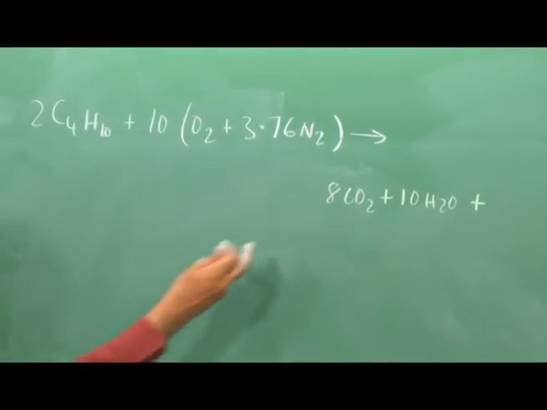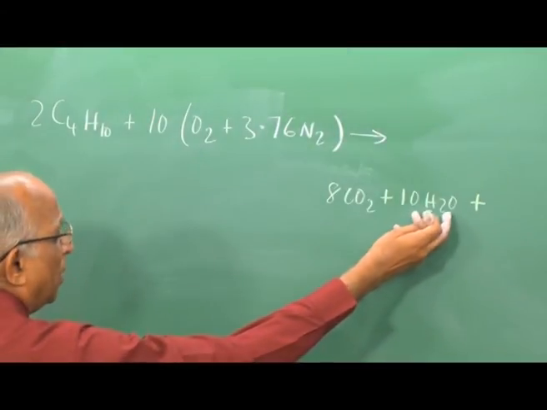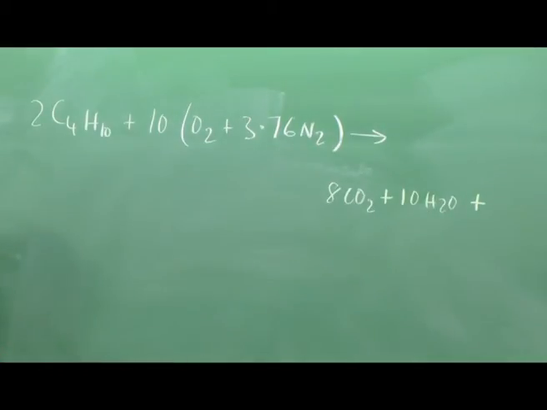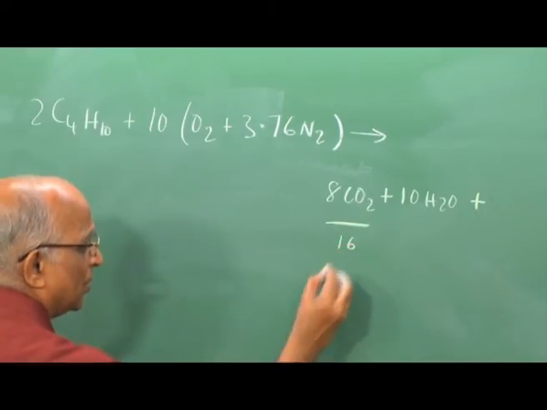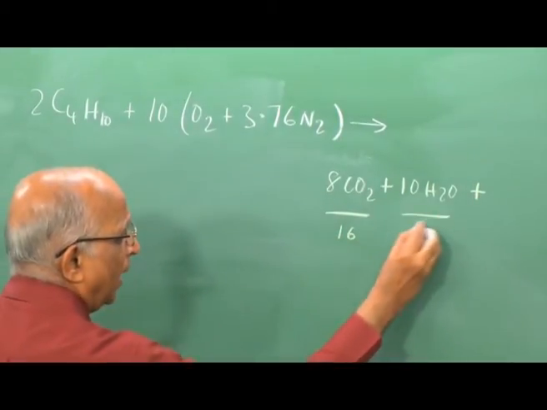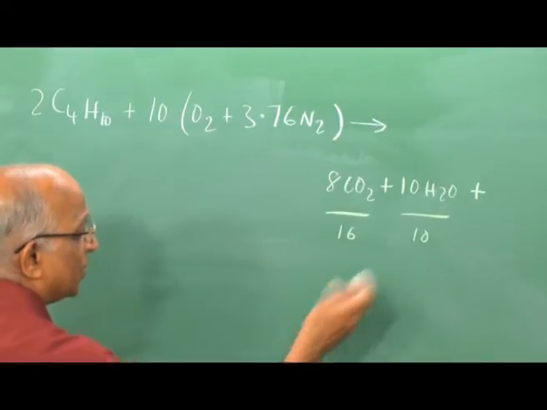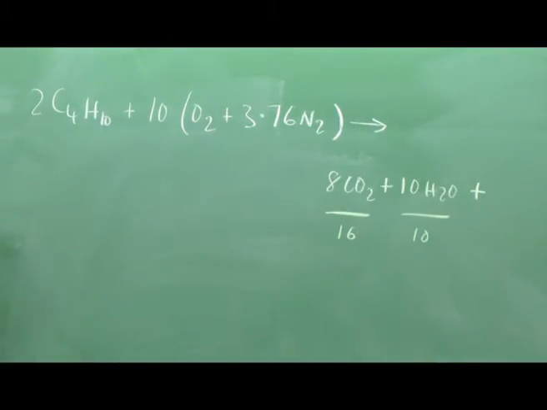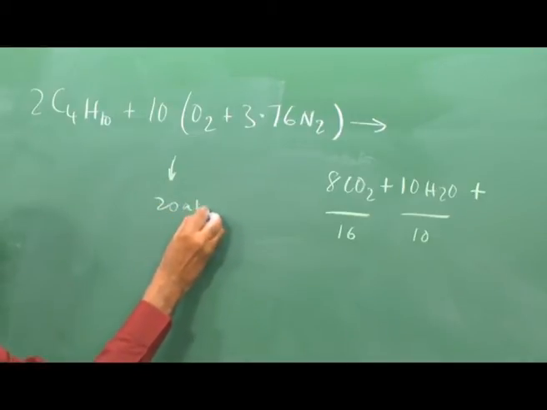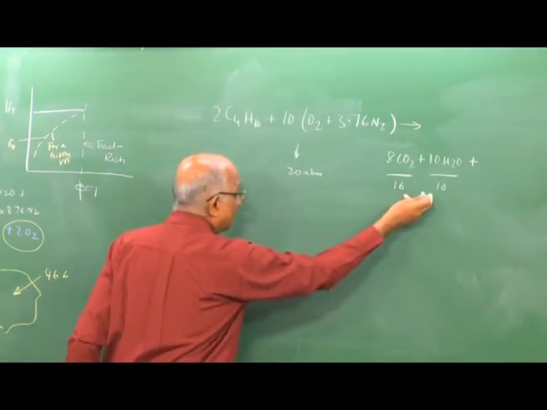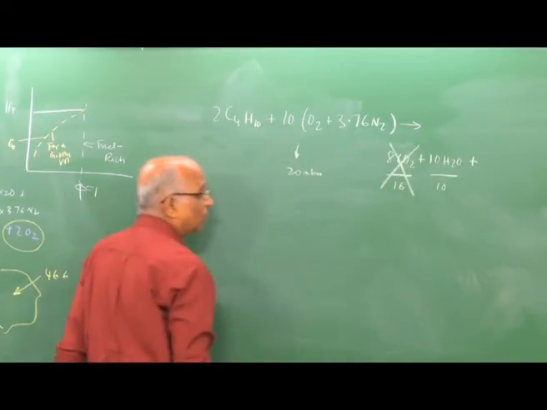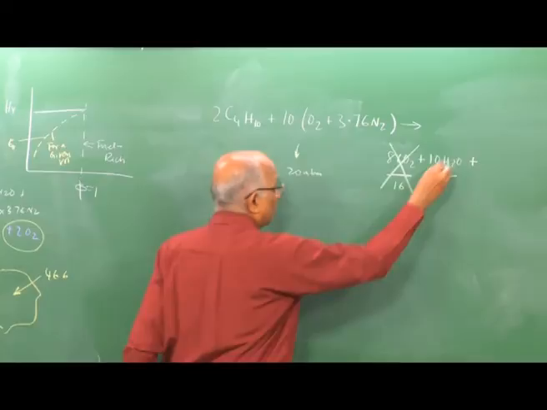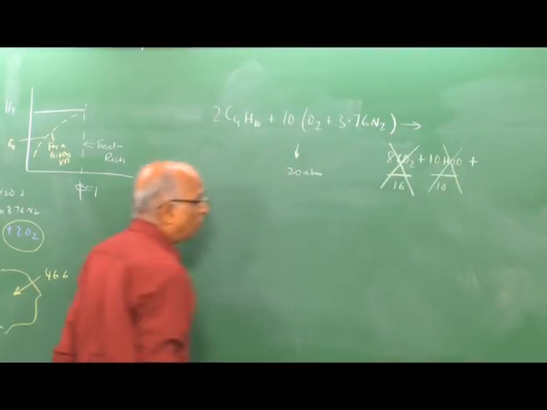If I were to get carbon dioxide and water, that is completely oxidized as in a stoichiometric reaction, I need 16 atoms of oxygen, plus 10, so I need 26 atoms of oxygen, and what I have here is just 20 atoms, whereas what I require is 26. Therefore, it is not likely that 8 CO2 is getting formed, and it is quite possible that 10 of water is not being formed.